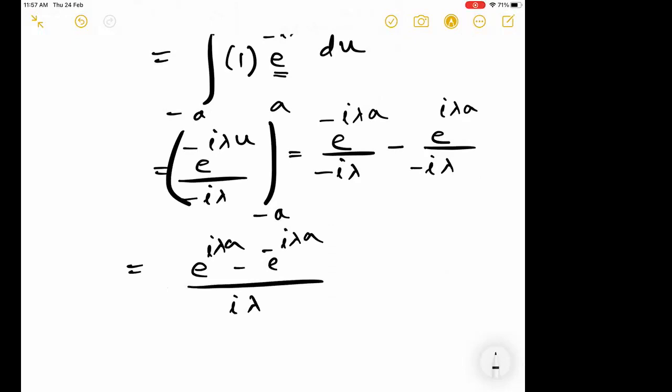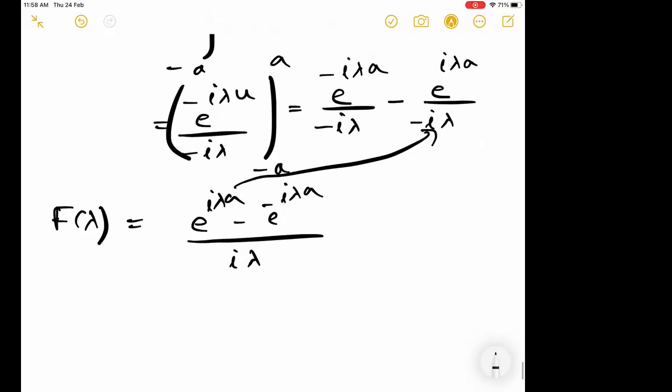Am I right? F lambda is equal to this. I have written the first term positive. Following or not? Yes, ma'am.